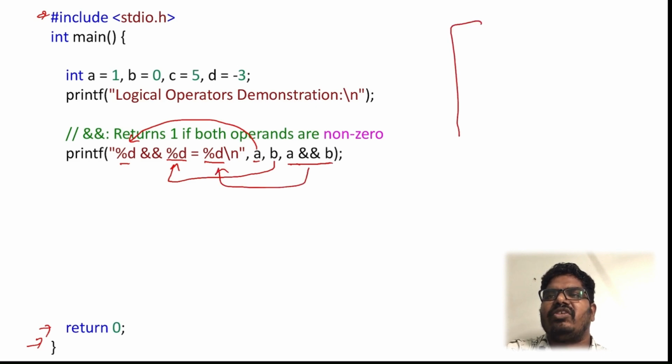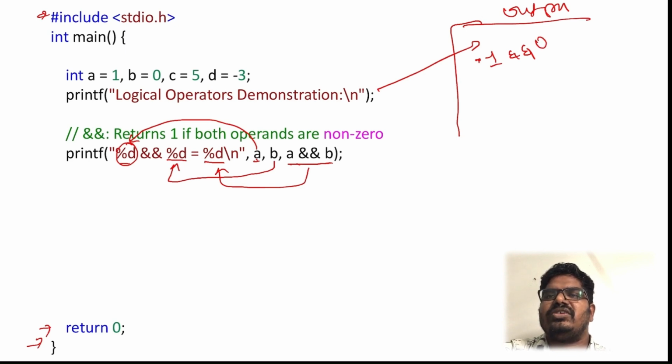If this is your output area, the first statement is printed, and the second statement will start here. In place of the first %d, what is the value of A? The value of A is 1, then the ampersand symbol as it is, and next %d is B. What is the value of B? It is 0.